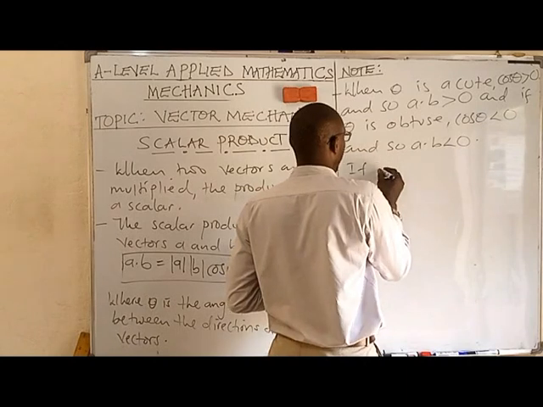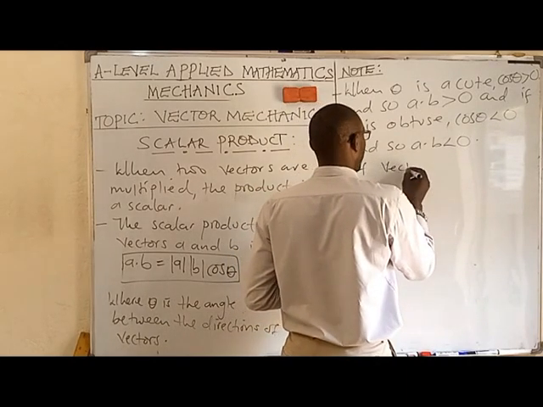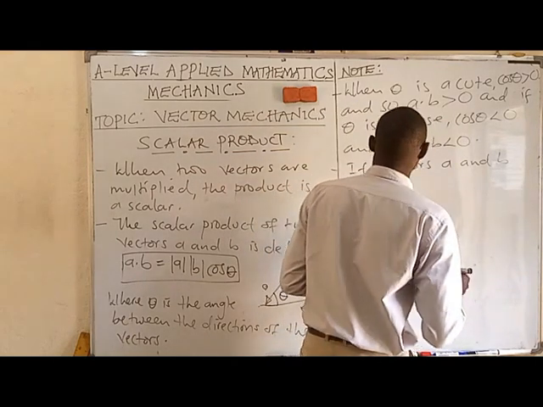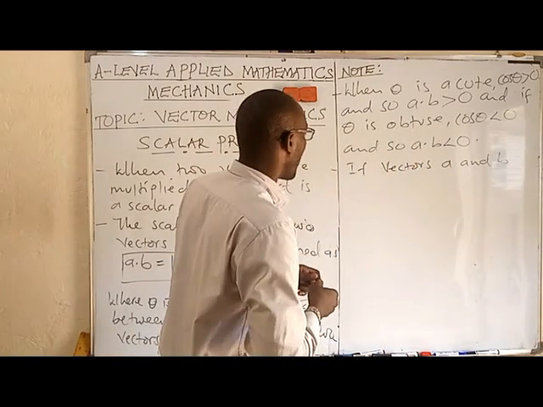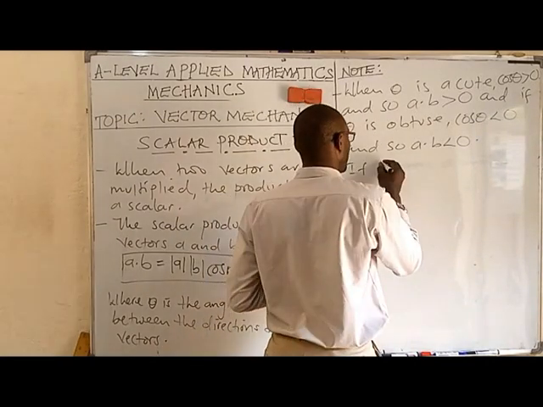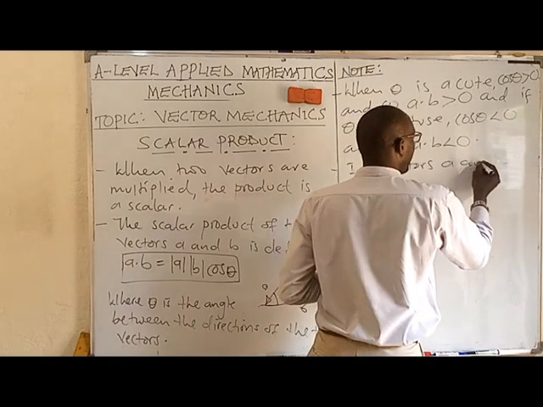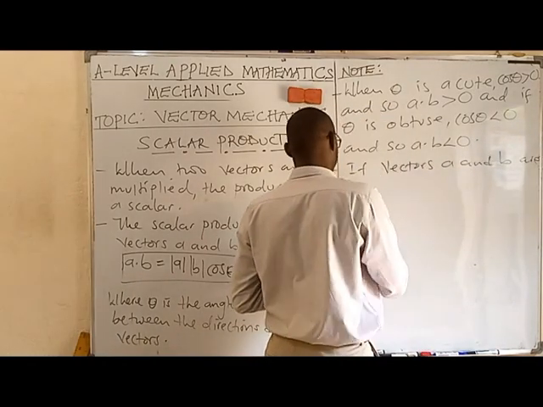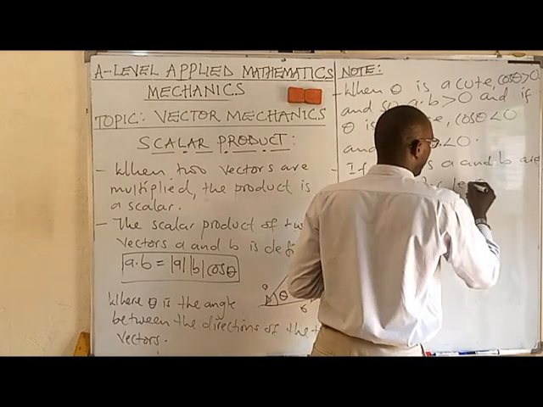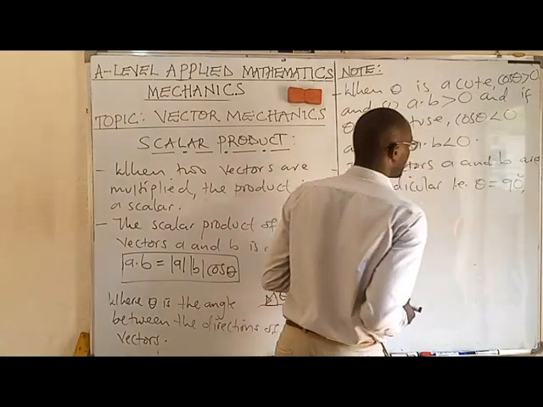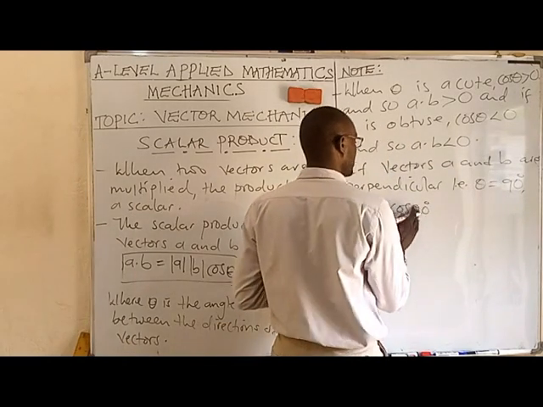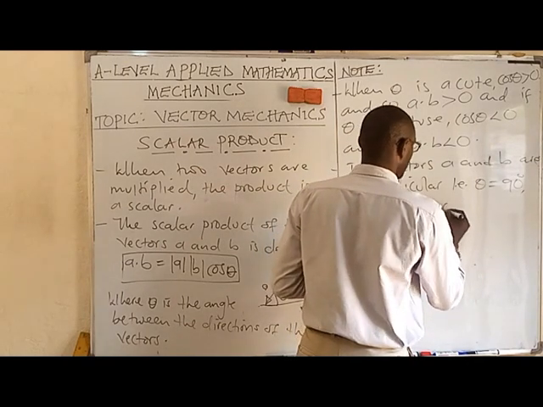So if the angle between vectors A and B is 90, or if vectors A and B are perpendicular, i.e. theta is equal to 90 degrees, then we know very well that the cosine of 90 degrees, or the cosine of theta, is going to be 0.